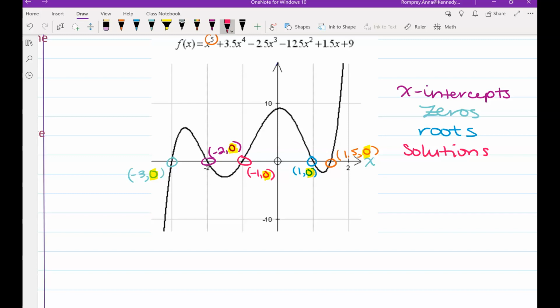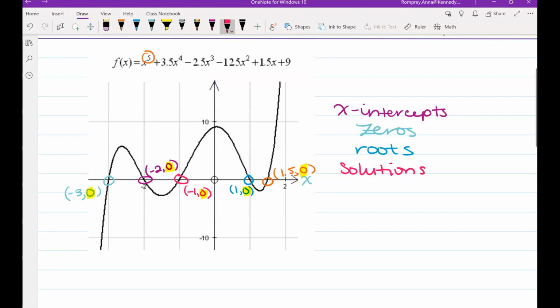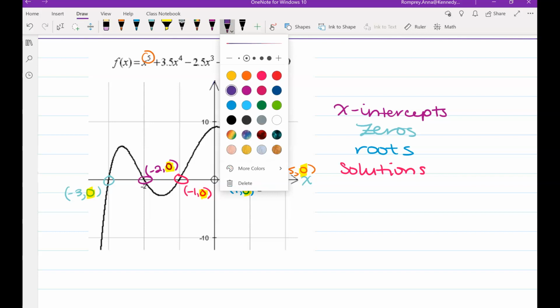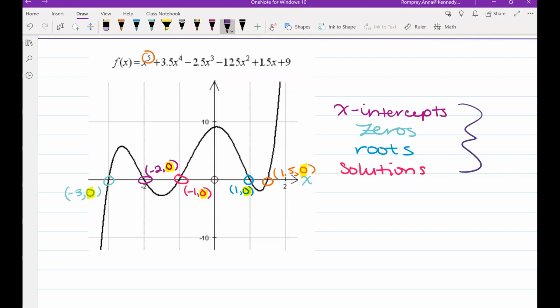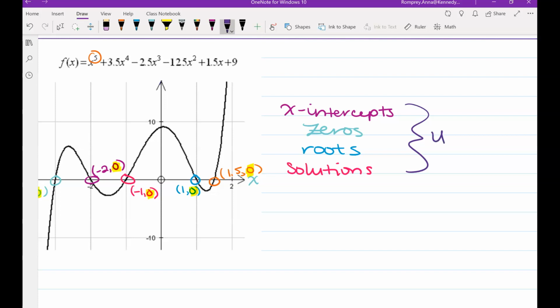It's all x-intercepts. It drives me nuts about the solutions thing because I know that confuses people when they're finding different solutions. They're like, what do you mean? Well, if we're finding the solution, usually we're finding where y equals 0, and that's the key here. All of these represent when y equals 0.